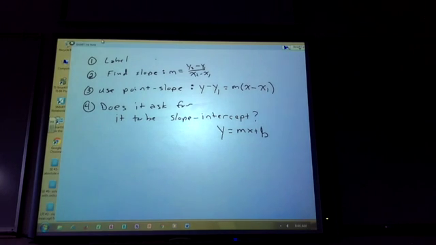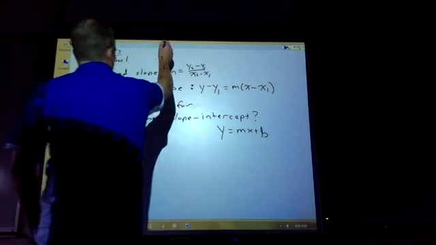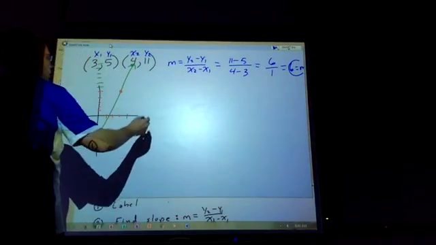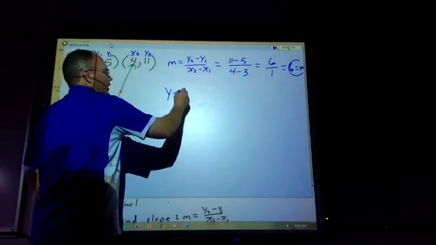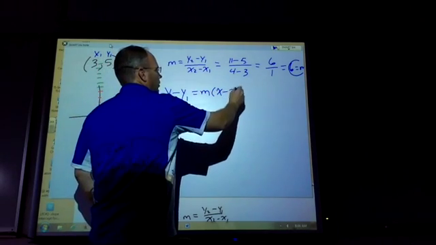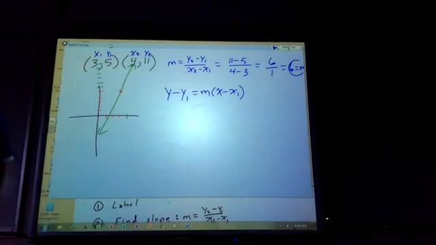Okay? The next is to use the point slope in order to start generating the equation. So use the point slope, which is this equation. So I know the point slope equation is this. And again, I think it's good practice to write this down. The more often you write it down, the more likely you are to remember it. And this means that I'm going to plug certain things in.